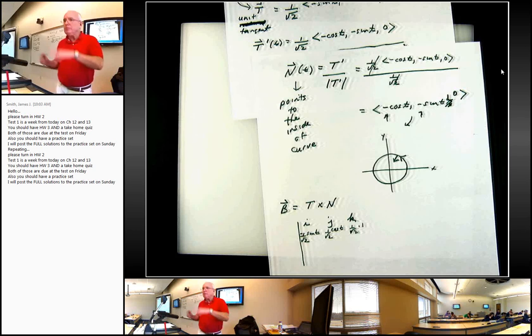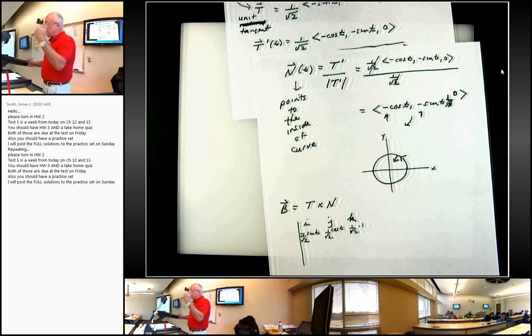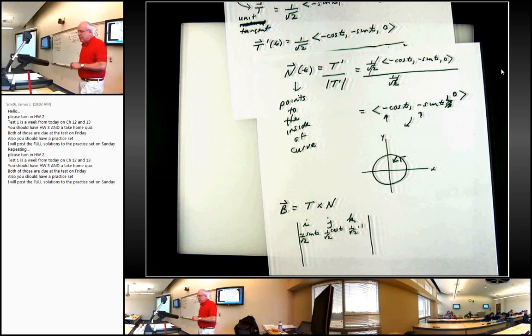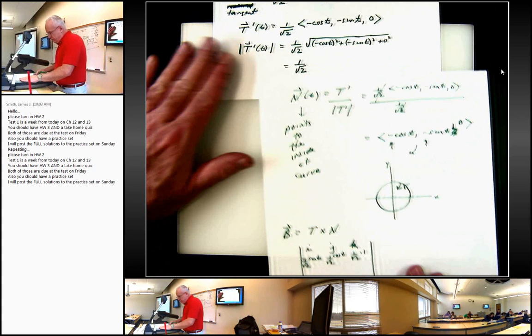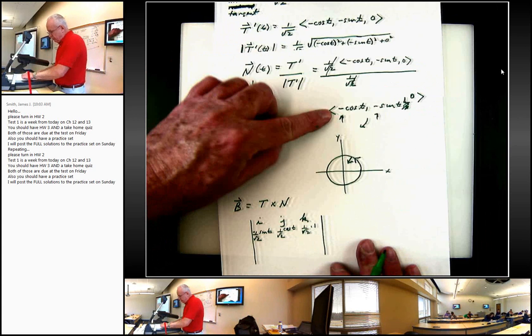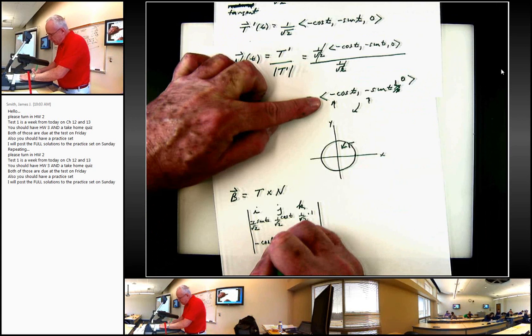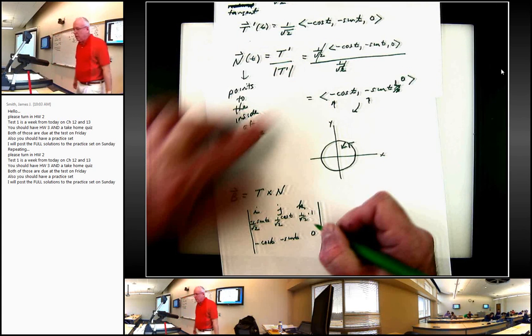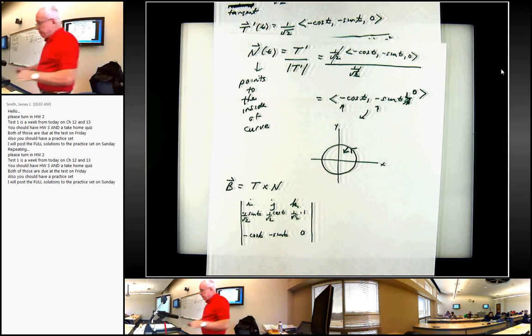Now, I could have put that 1 over the square root of 2 on the outside, but I thought I'll just leave it like that. So that's our T vector. And then where was our N vector? Oh, here it is. Our N vector is minus cosine of t, minus sine of t, and 0. All right, so we get the cross product here.